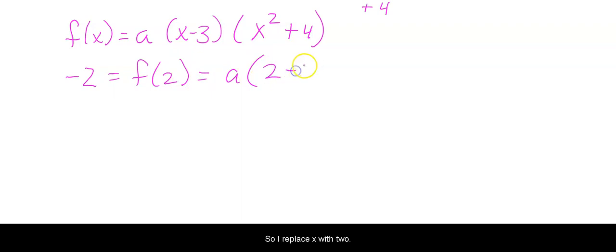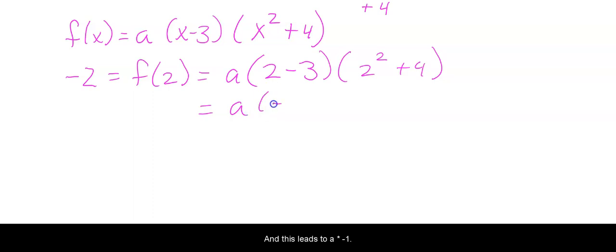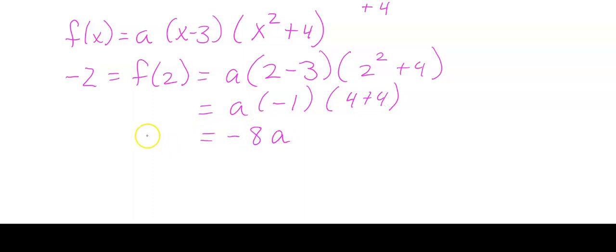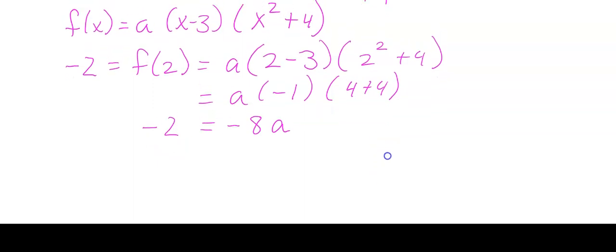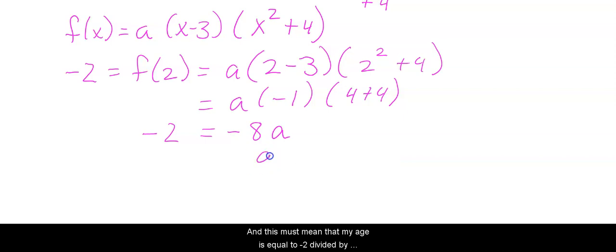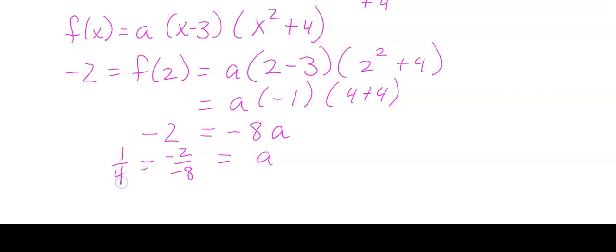So I replace x with 2, and this will give me 2 squared plus 4, and this leads to a times negative 1 times 4 plus 4, which is 8, which gives me negative 8 times a. If negative 2 equals negative 8a, then this must mean that my a is equal to negative 2 divided by negative 8, or a positive 1 over 4.